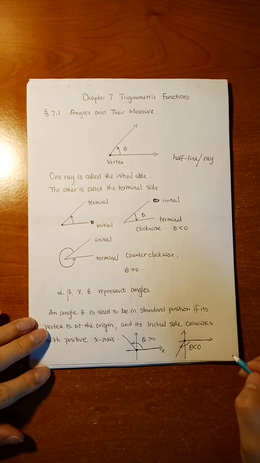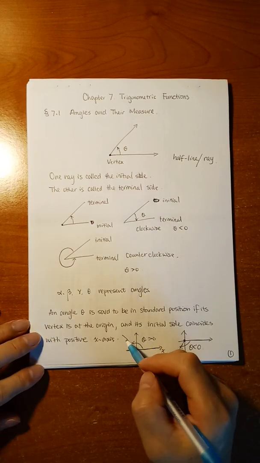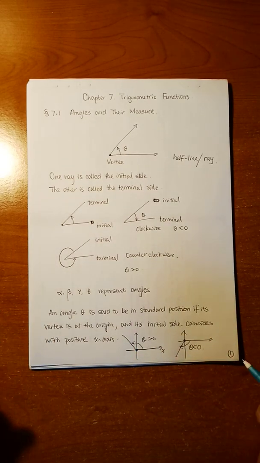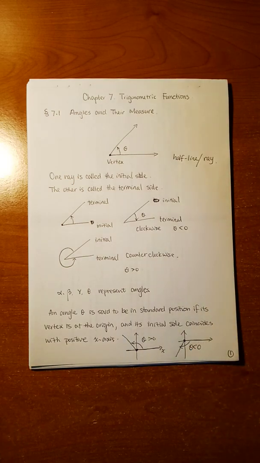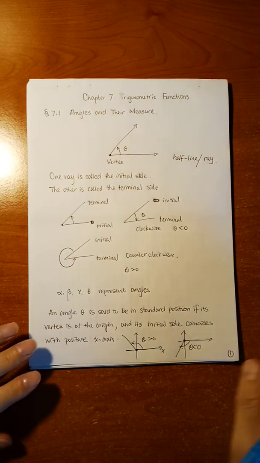Keep in mind, counterclockwise positive, clockwise negative. So this is the angle in standard position. The initial side is always the positive x-axis.